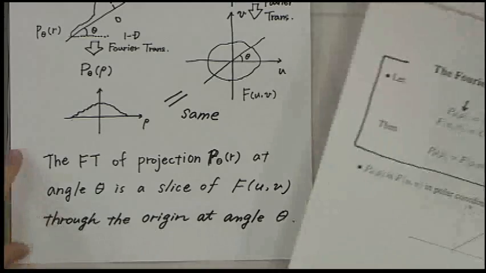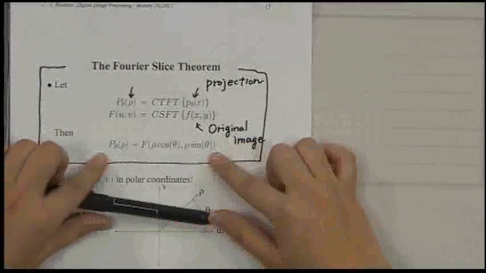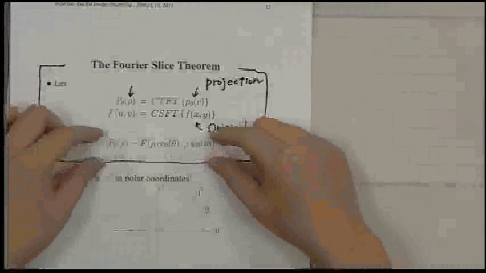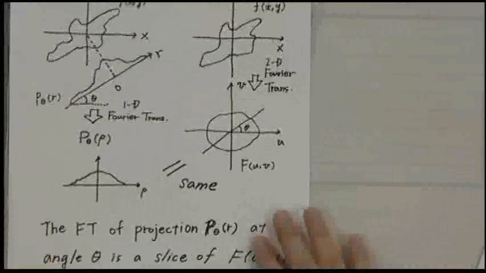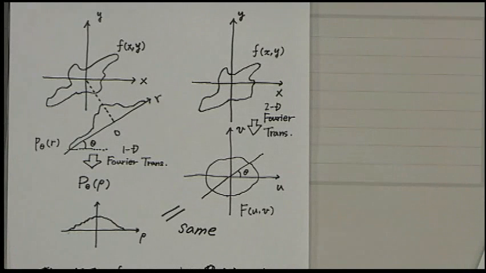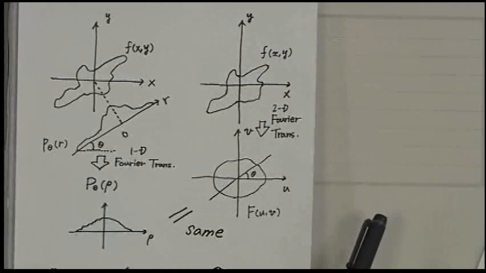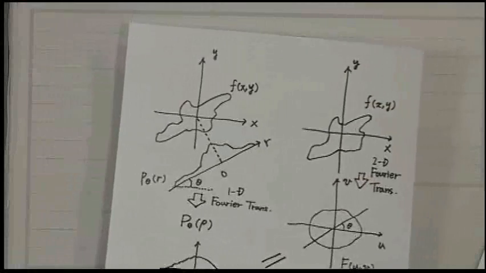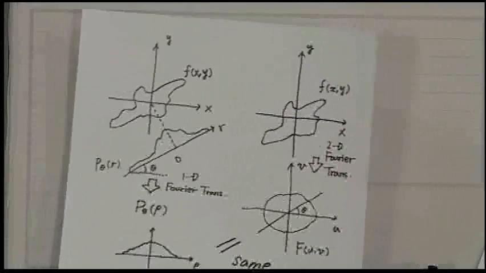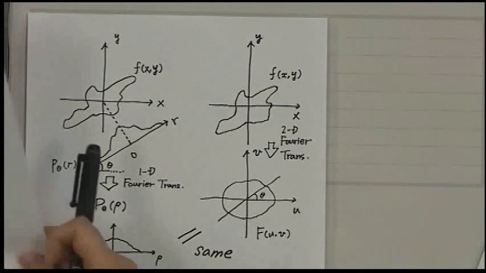Actually, if we write down the theorem, it is just this one equation, but what it actually means is this. And I think it's easier to understand it through the diagram. The next two pages explain the proof of this Fourier slice theorem, and this material shows two different proofs.